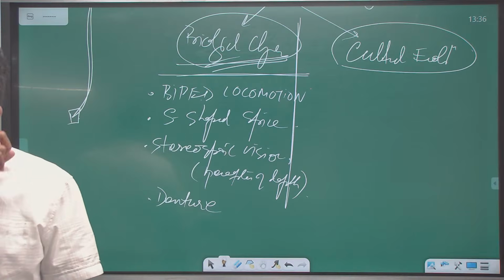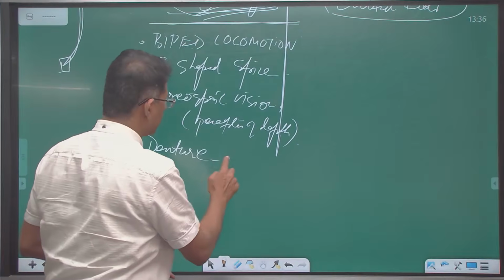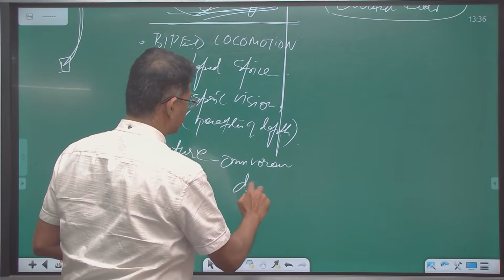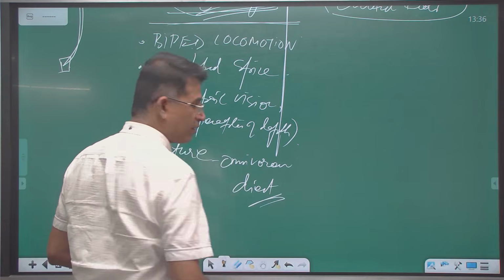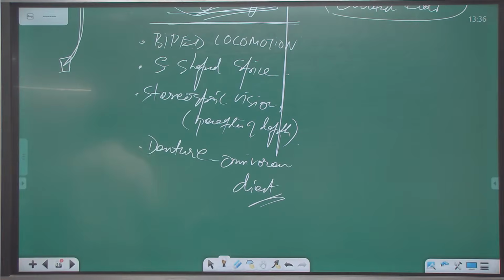We have the entire range. So our dentures help us with an omnivorous diet. Vegetarian, we can be non-vegetarian, we can cut the food, we can chew the food, we can grind the food. That helps me in our evolution, survival. Dentures.